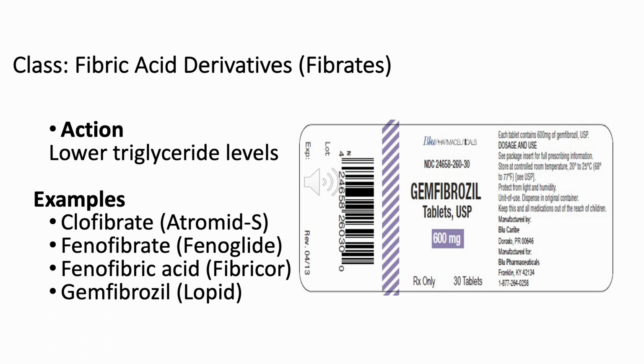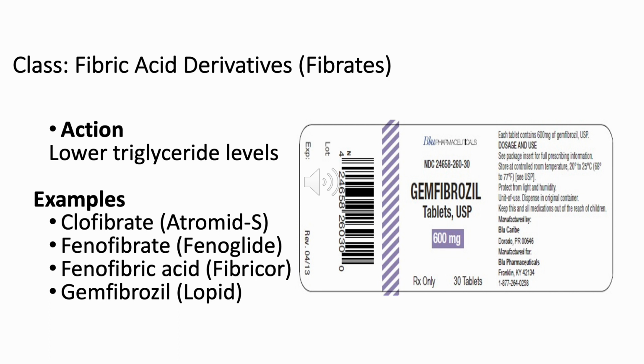The classification, fibric acid derivatives, known as fibrates. Gemfibrozil and fenofibrate are the preferred drugs among fibric acid derivatives because they are more effective and have fewer adverse effects than some other drugs.